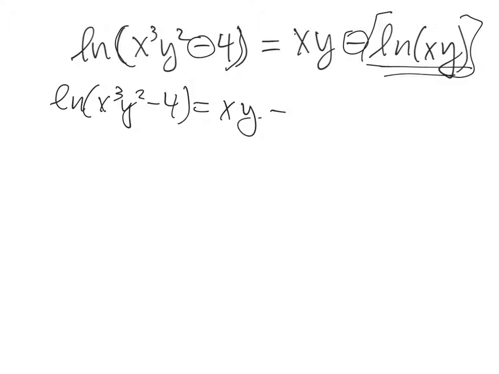Natural log of x times y, what can we do with that? ln x plus ln y. Okay, when we're multiplying inside a logarithm, we can separate by adding the log of one plus the log of the other. And then, of course, we still have the minus there, and we'll take care of that minus as we go through the derivative.